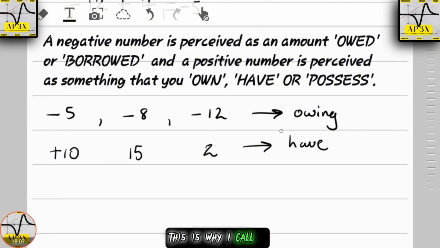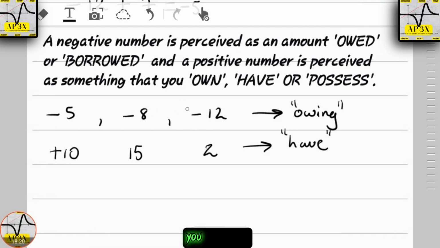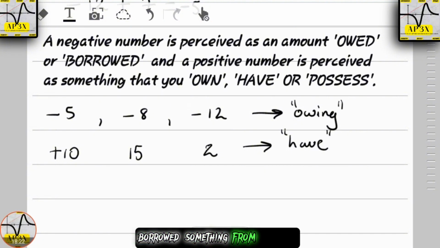So this is why I call it the OHAV method, the owing having method. Now another way that you can look at negative numbers is also from the perspective that you may have borrowed something from someone.